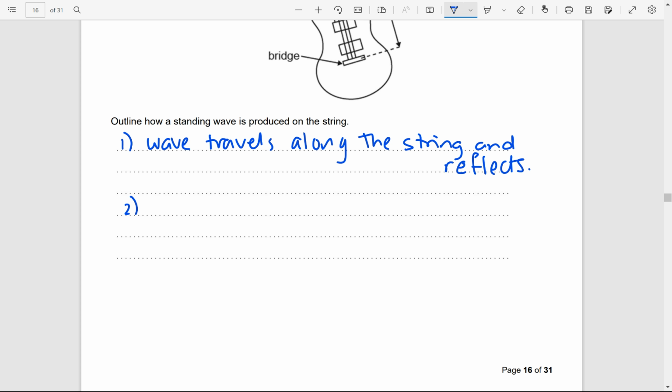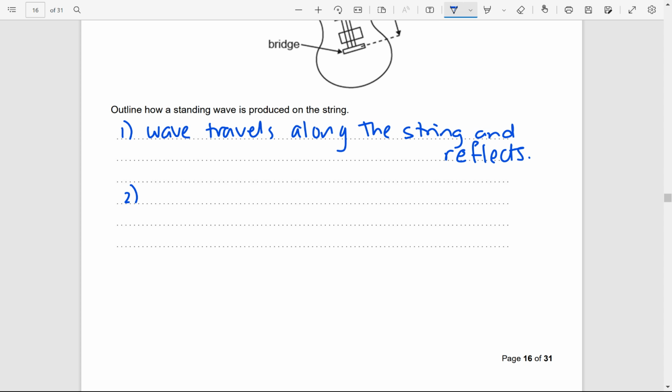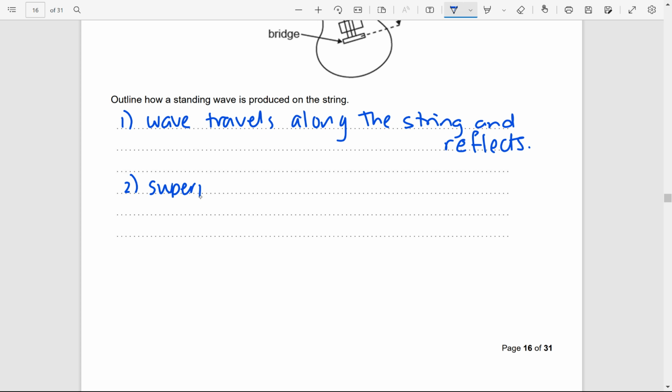You could call this either superposition or interference. It's superposition, all one word. It is not superimposition. Superposition, or interference of the incident and reflected waves.